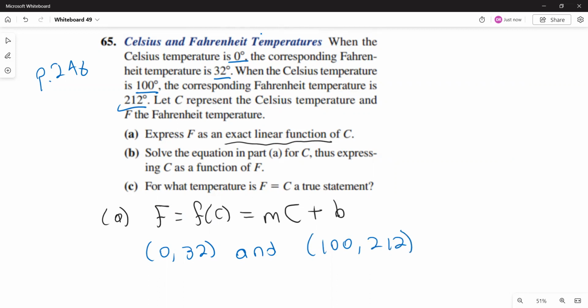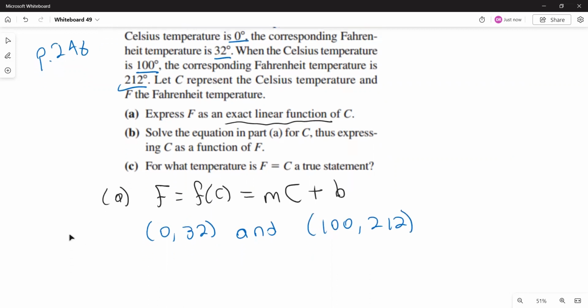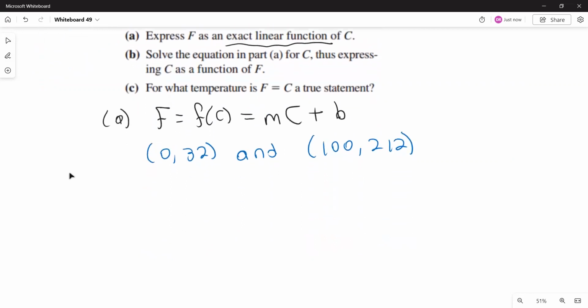So we have these 2 points. Not only that, we know the vertical intercept, or the F-intercept, is (0, 32).